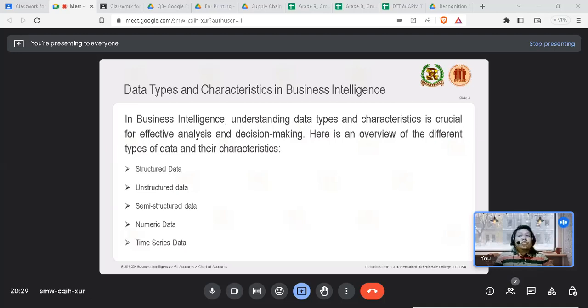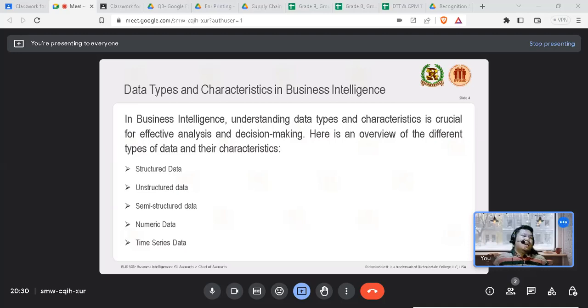Then there's also analysis and integration. Semi-structured data poses challenges in analysis due to its flexible nature. However, advancements in technology such as document databases, data lakes, and data processing frameworks like Apache Spark enable effective handling and analysis of semi-structured data.